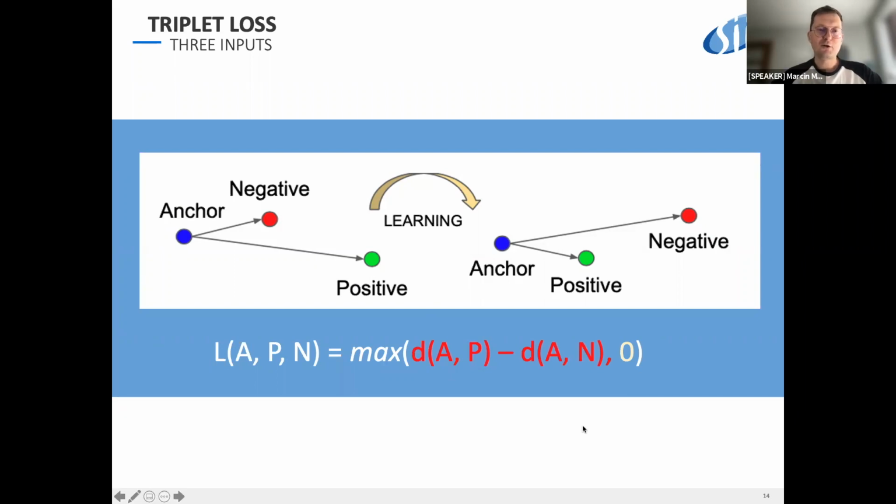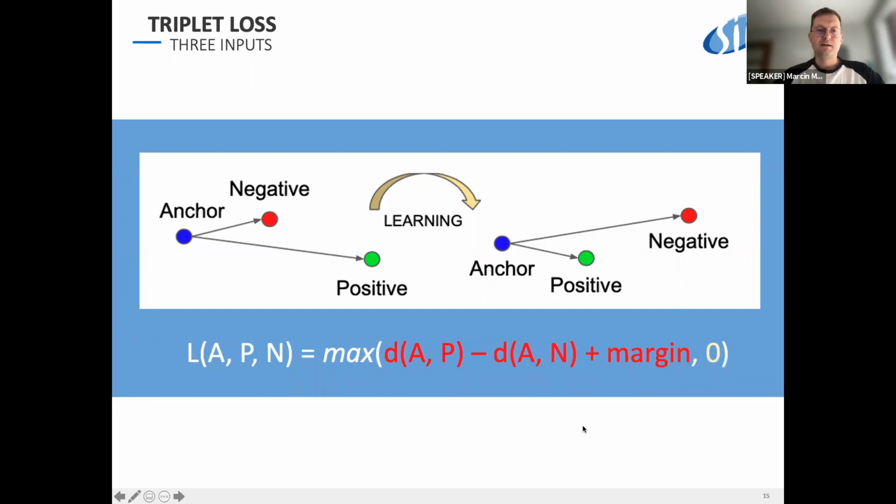But that's not the goal we try to achieve. To prevent finding this trivial solution, we add an extra parameter, margin, and this margin parameter enforces that the positives are located closer to the anchor than the negatives by at least this margin value. And this is the ultimate form of the triplet loss.